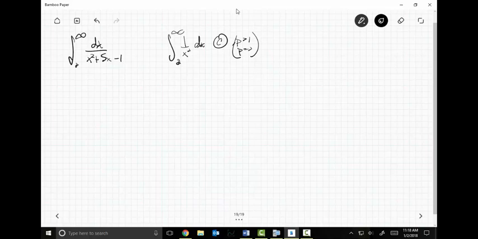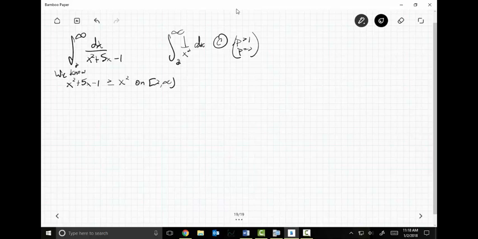All right, but I don't have that. However, watch what I'm going to do. Hopefully everybody agrees that x squared plus 5x minus 1 is greater than or equal to x squared on the interval from 2 to infinity, right? You may say, wait a sec, what about that minus 1?